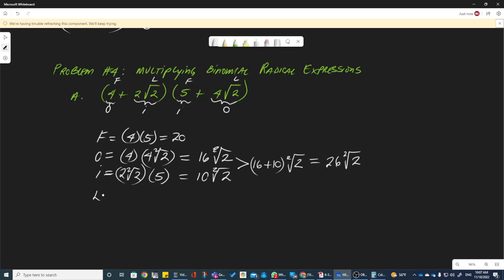And then the last, okay, which is 2 and the square root of 2 times 4 and the square root of 2, okay?